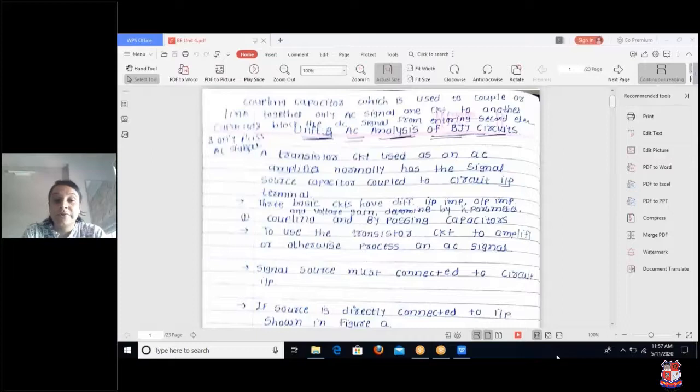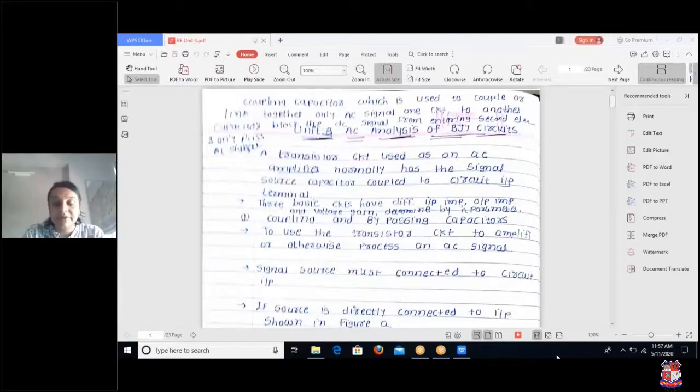For the transistor circuit, here we use it as an AC amplifier which has the signal source and capacitors which are coupled to the circuit input terminal. Now we will discuss the AC signals.